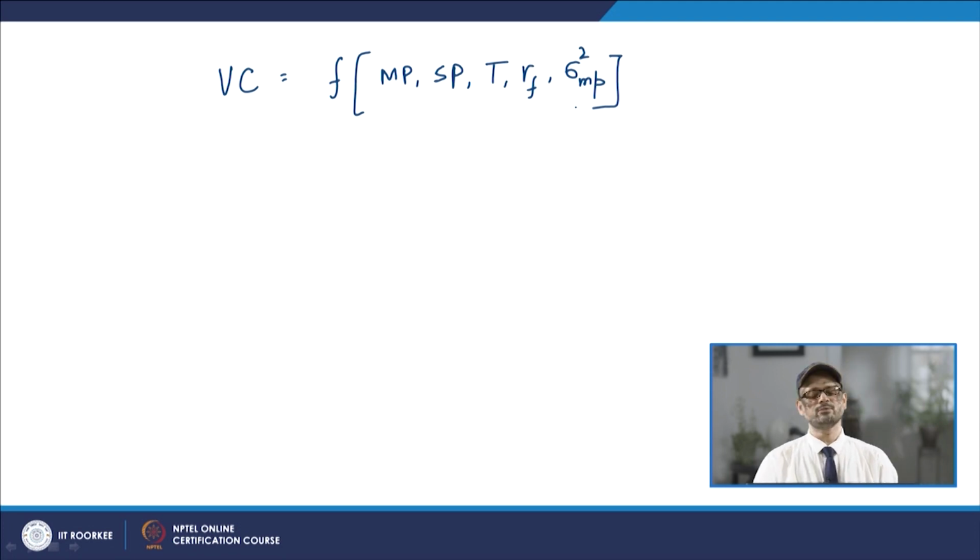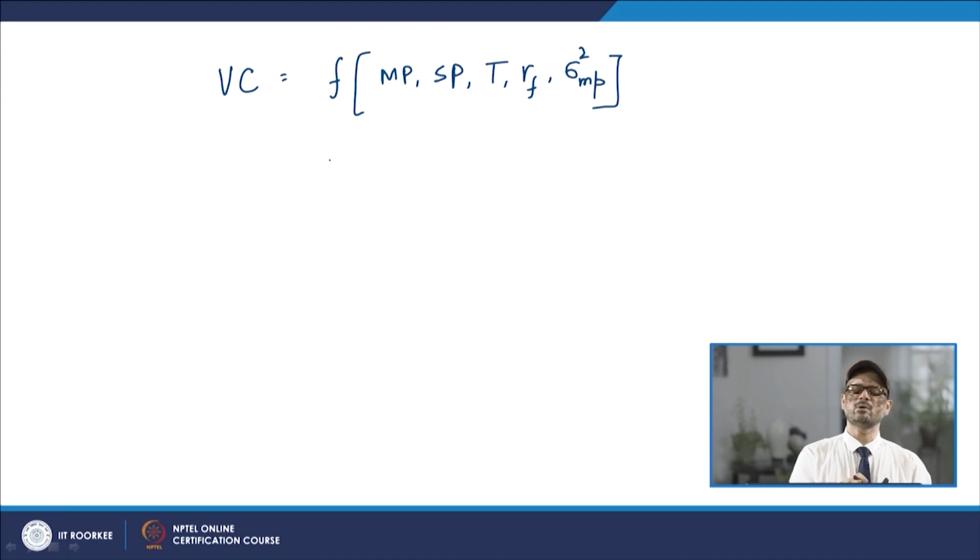Now, if it is analyzed, it is found that some of the factors have a positive effect. If there is a positive increase in these factors, there will be a positive increase in the value of the call option.